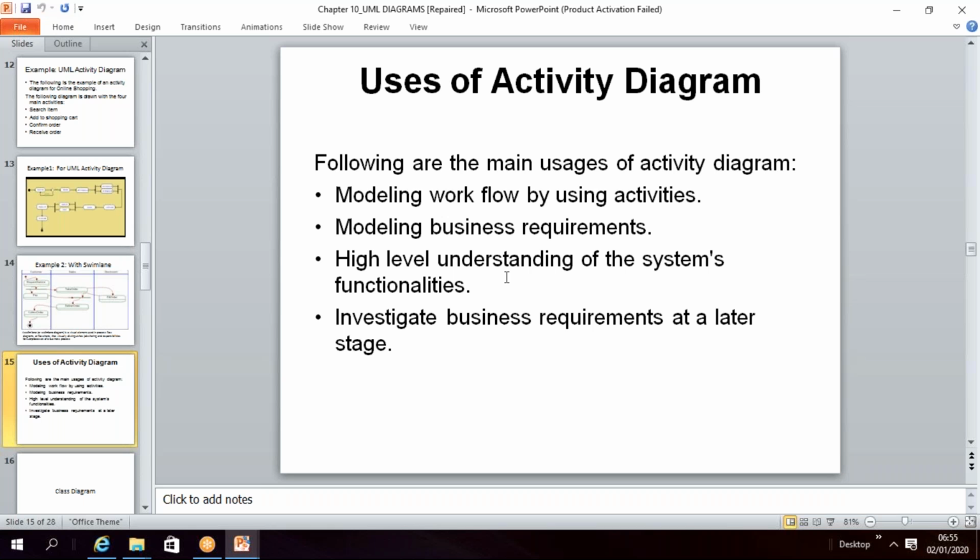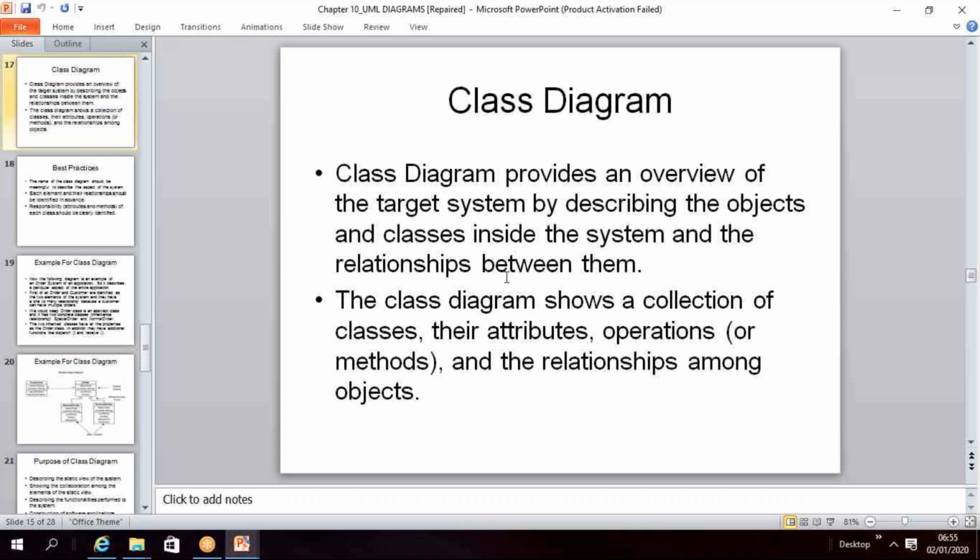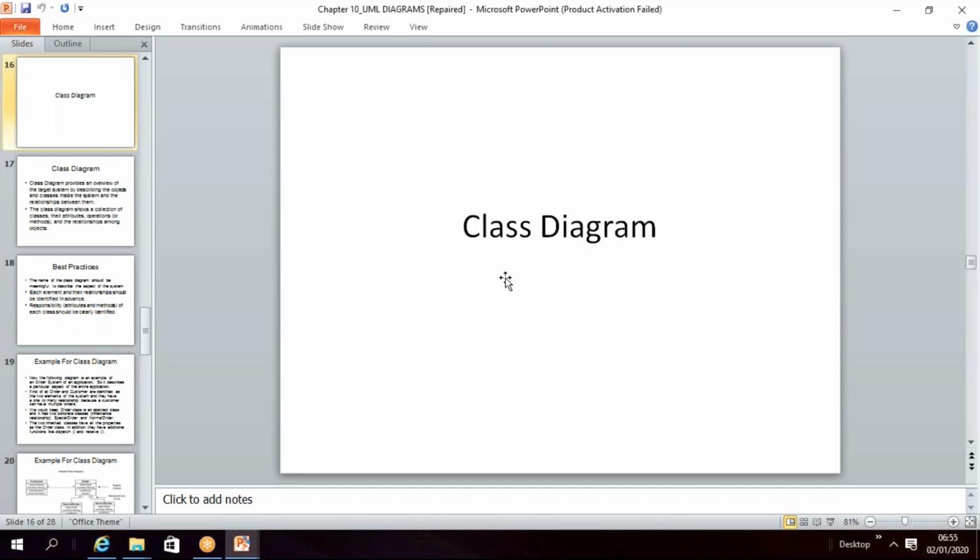In the next session, we are going to talk about two more diagrams: the class diagram and the sequence diagram. These two diagrams are not very important from the BA perspective because they are more technical and more relevant to the development team. But they are important to understand, so that when the developer creates and uses these diagrams, we are able to comprehend the information and check whether it is correctly drawn.